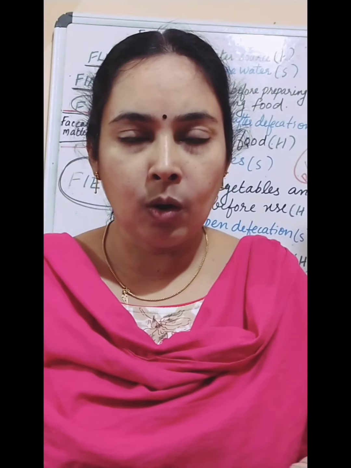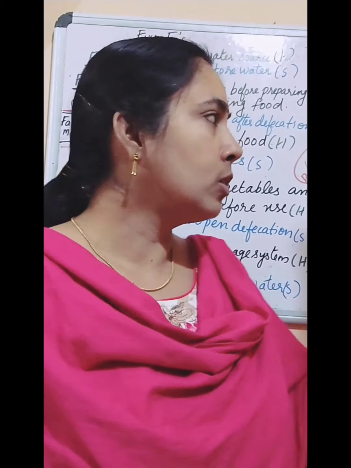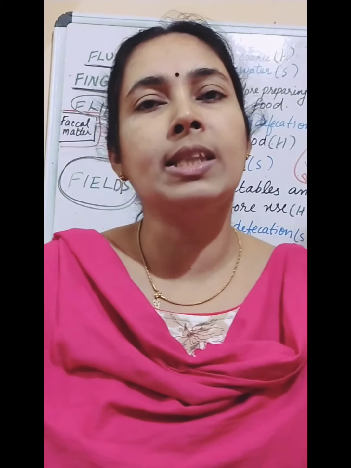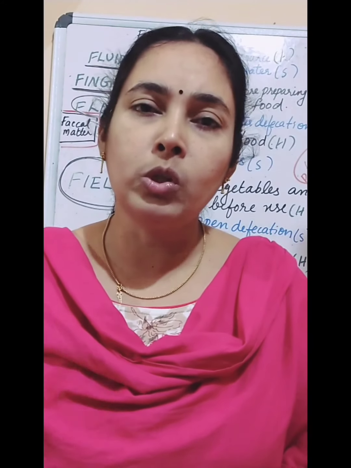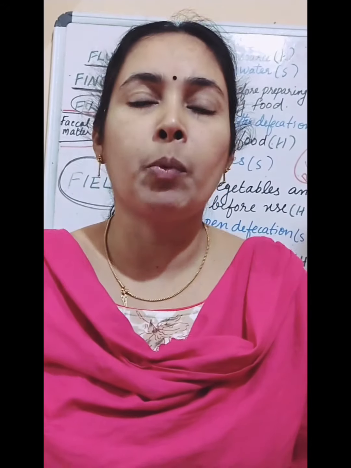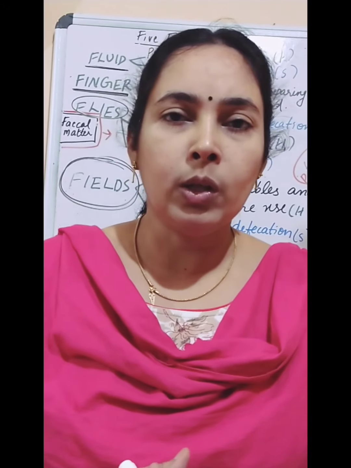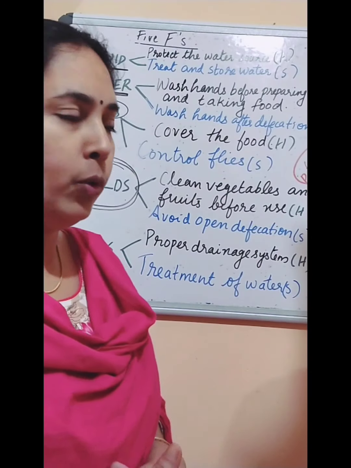Germs will be present on that. And if you eat, germs will enter into your body. So before using the vegetables and fruits that you collect from the fields, you should wash it properly. You should clean it properly. After that only you should eat that or use that vegetables and fruits.